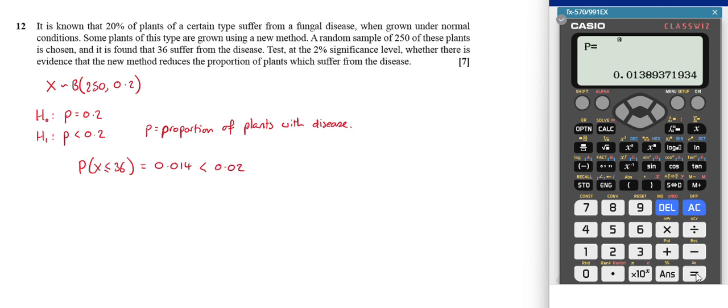0.02. That's the significance level. So what this is telling me is that this happens rare enough. This is rare enough that it doesn't just happen all the time. So there might be something else going on. So what we can say here is this is less than the significance level.